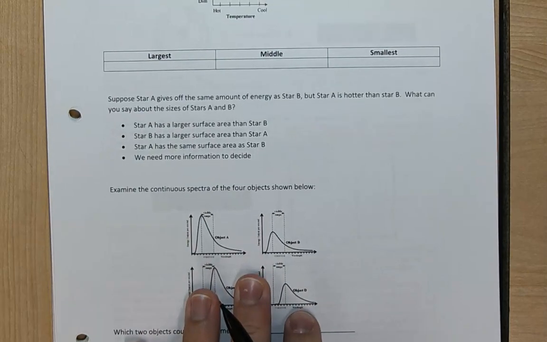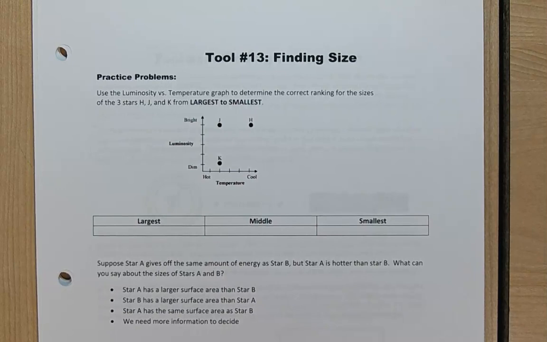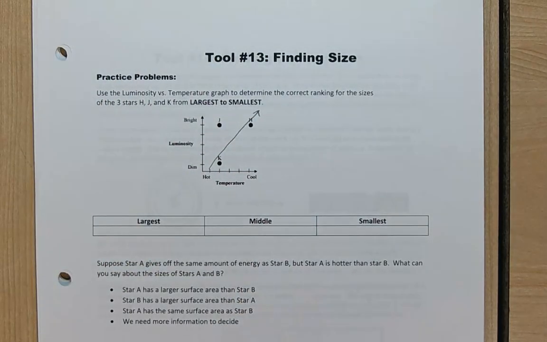All right, let's look at our practice problems here. Use the luminosity versus temperature graph, the HR diagram, to determine the correct ranking for the sizes of H, J, and K. Well, as we saw before, going from lower left to upper right is the arrow of increasing radius.